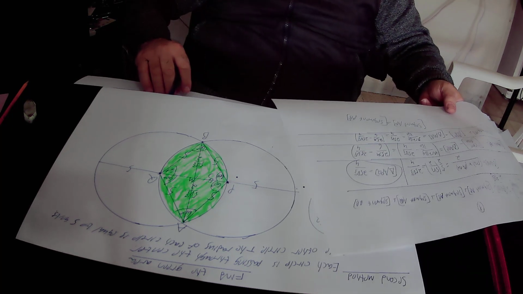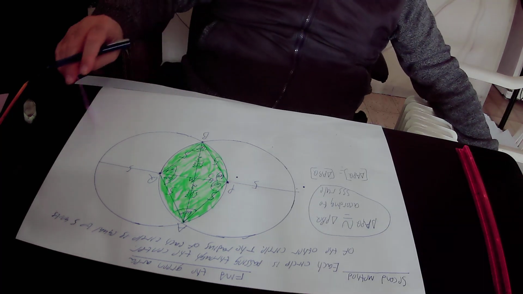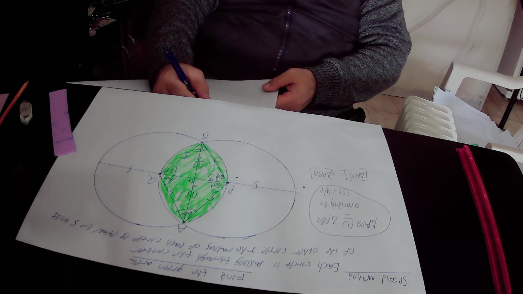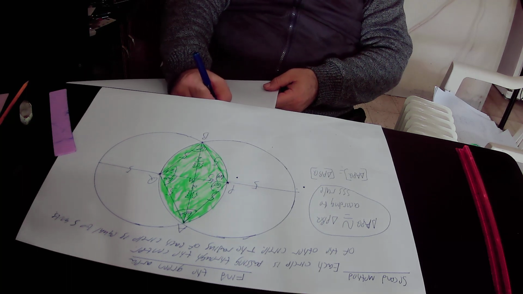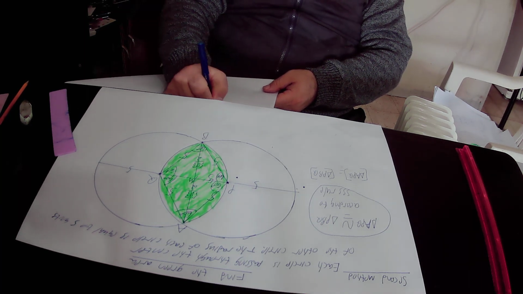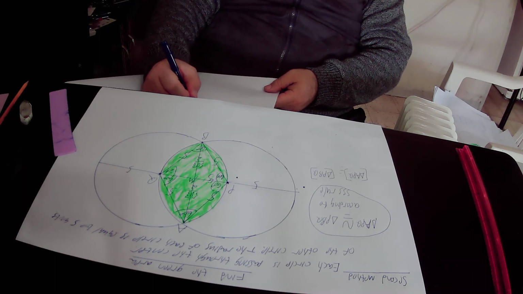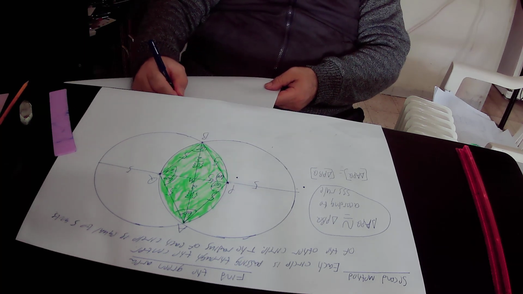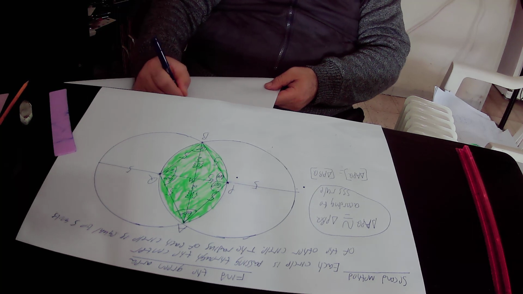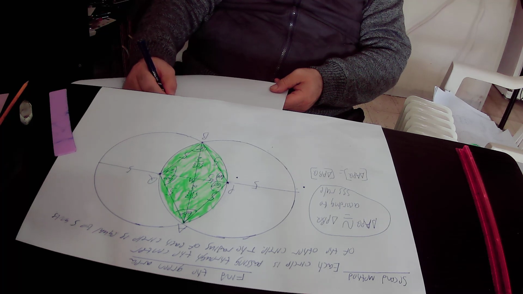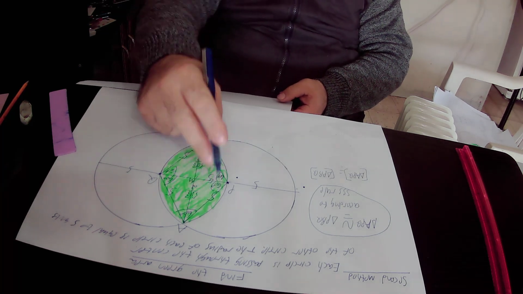Okay? So the area of the green shape will be equal to 2 times the area of triangle APQ, that is actually 25 times square root of 3 over 4, plus 4 times the area of segment AP.